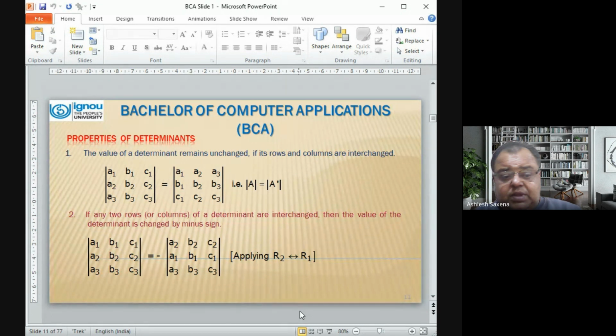You can see the matrix, and row 2 has been changed to row 1. What will it be? If the earlier determinant value was 2, after interchanging, you will get minus 2.